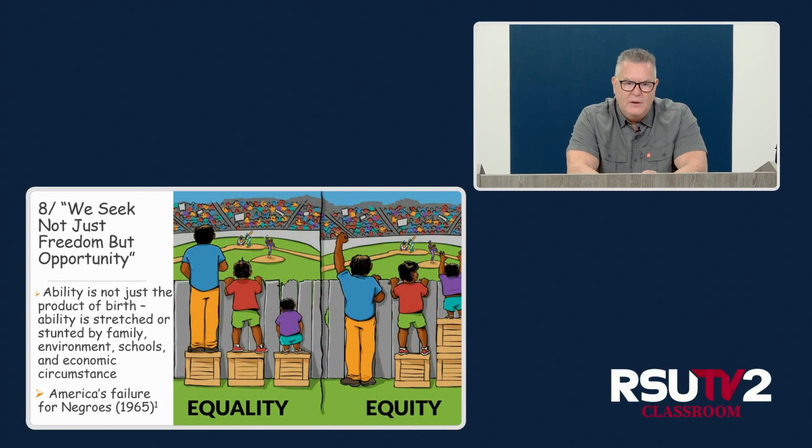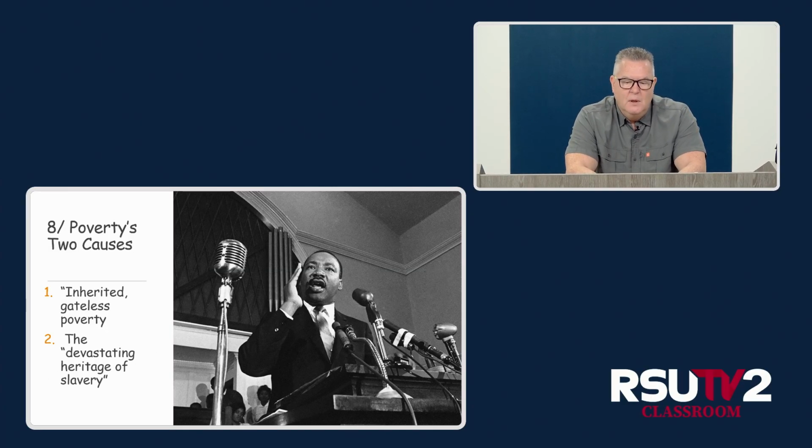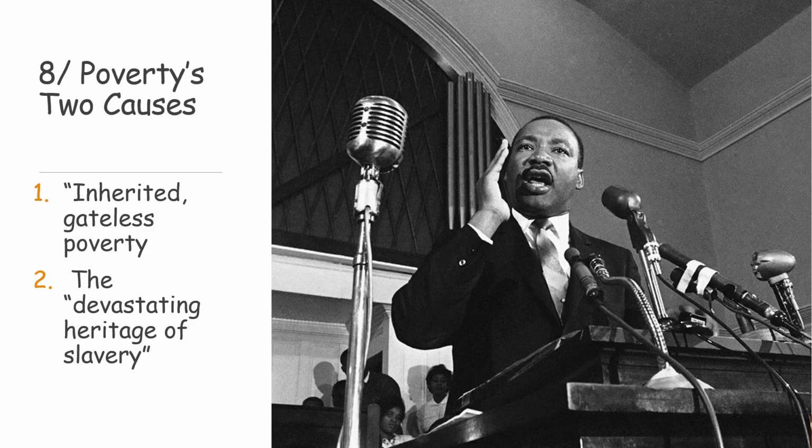And that is suggestive, again, of the consequences of systematically denying people meaningful opportunities. So Johnson makes the argument that there are two proximate causes of poverty in the United States: inherited, gateless poverty, and the devastating heritage of slavery.